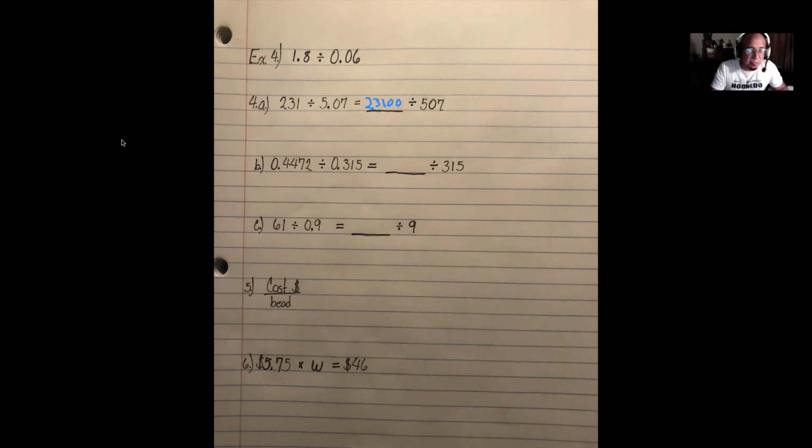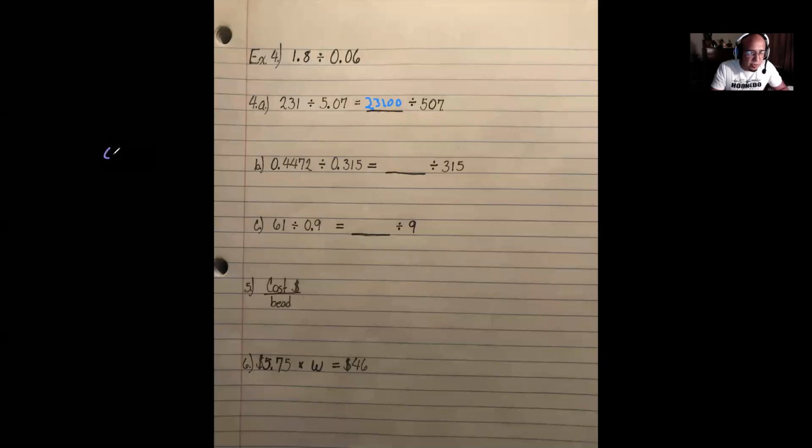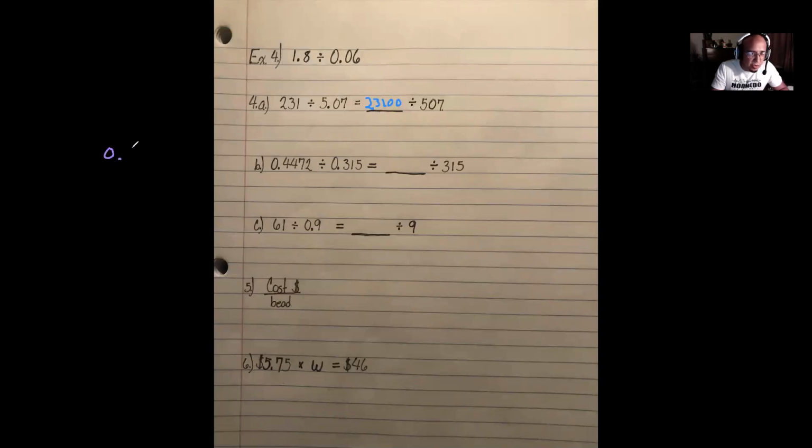So let's do the same thing. 0 and 4,472 ten-thousandths, divided by, let's use pink or yellow, divided by 0 and 315 thousandths.